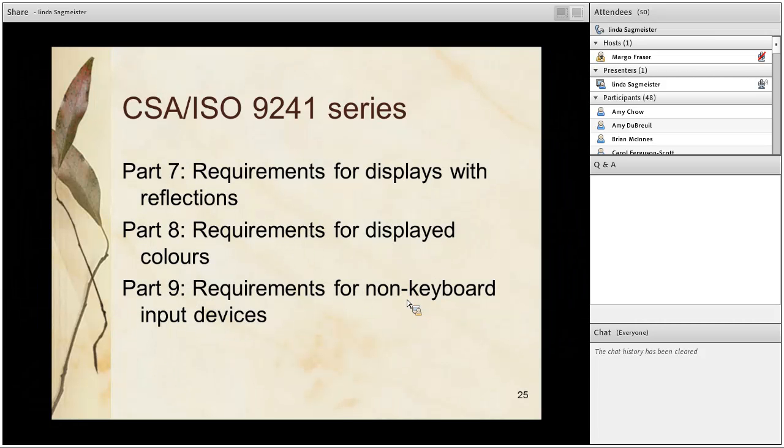You have the remaining parts here, requirements for displays with reflections and so on, and you can see that these are probably being updated as we go as well, because these kinds of non-keyboard input devices and so on are all undergoing a lot of change in the market. And how we interact with them, of course, is changing too.